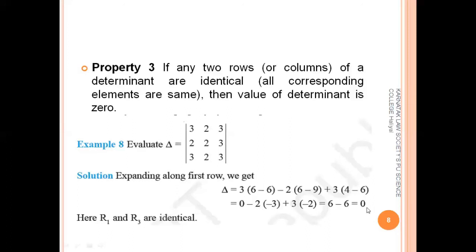Or else, if you want to verify, expand along the first row, or you can expand along the first column also. You will get the answer as 0 here. Means any two rows or any two columns containing the same elements, the value of the determinant is equal to 0. And you write the reason, because here R1 and R3 are identical.